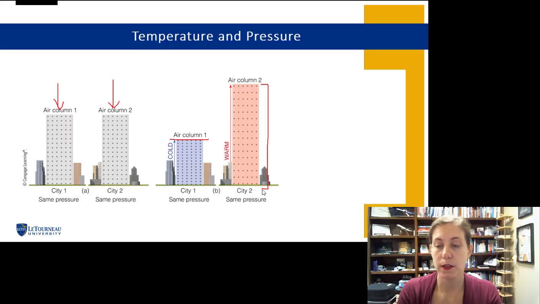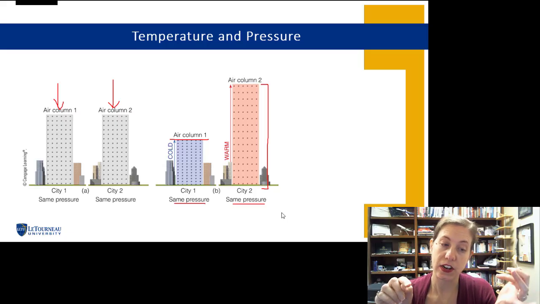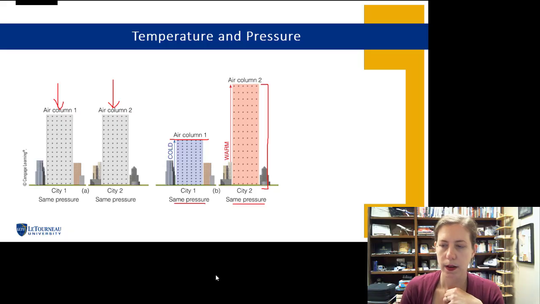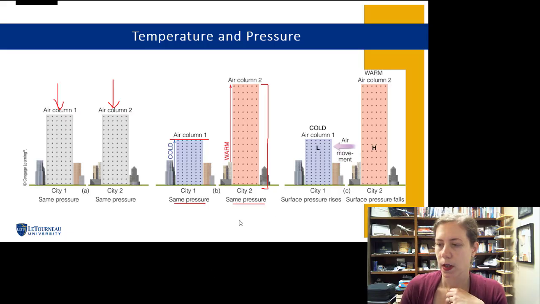However, because we have the same amount of molecules in these two columns, they each have the same pressure at the surface. City number 2's air column got a lot taller and it's still exerting the same amount of pressure. Now, let's talk about what's happening aloft. Remember, at the surface, initially the pressure was the same.